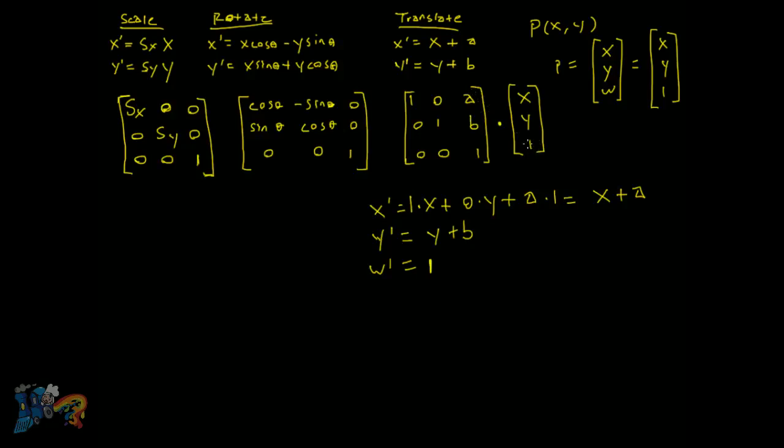So if this was not 1, this translation wouldn't work. It would be like x prime would equal x plus some scalar factor times a, right? Because a right here, this would be the scalar factor. Okay, we don't want that. We want this to be 1. And that sums up why we need it.